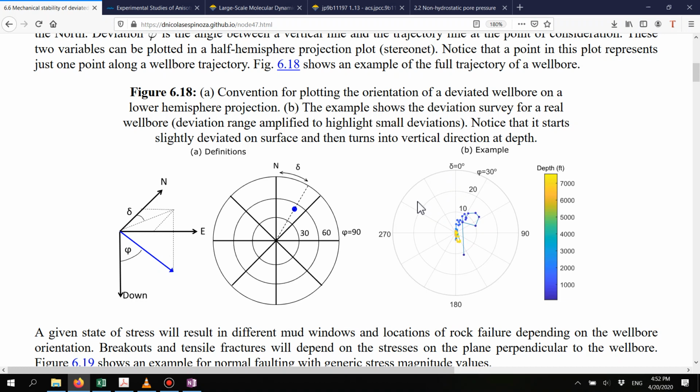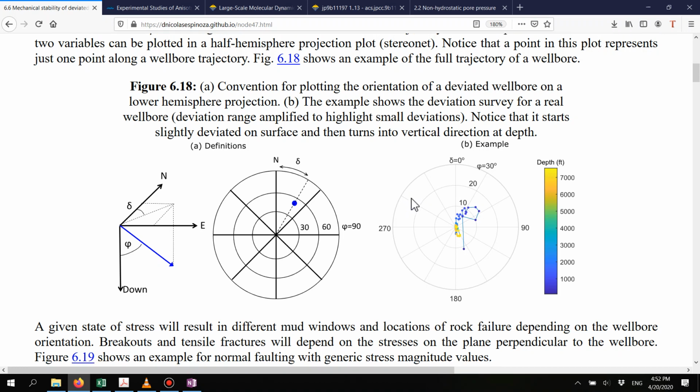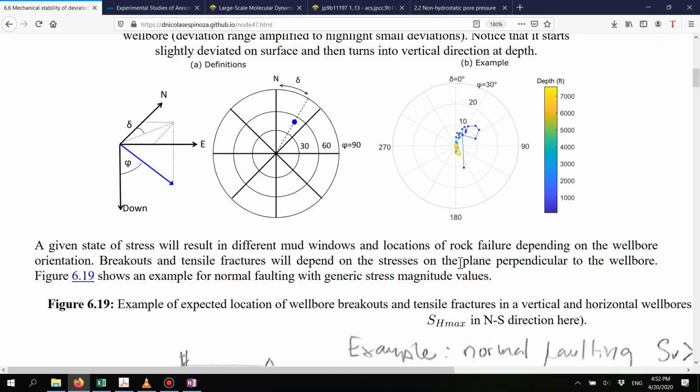Okay, so before getting into wellbores drilled in an arbitrary direction that are neither horizontal nor vertical, let's first talk about horizontal wellbores, which are a little bit easier to understand as we go and talk about the stability of deviated wellbores.